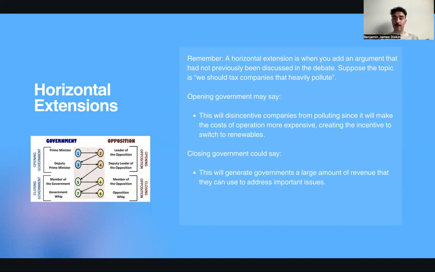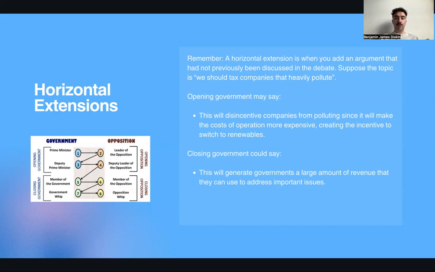And if you can, then it is generally suggested to run a horizontal extension, even if you can also think of how to make an extension vertical. And the reason for that is because it ensures that you are definitely not being derivative.